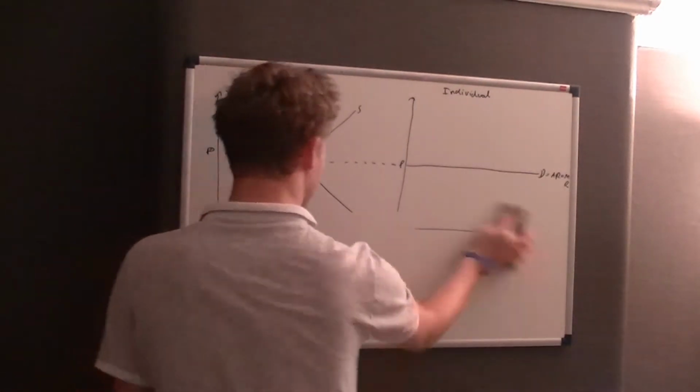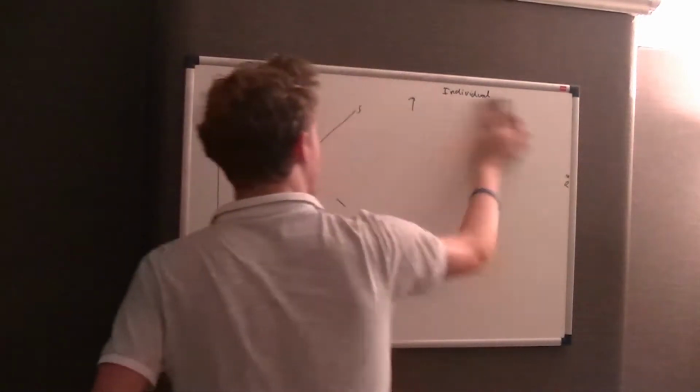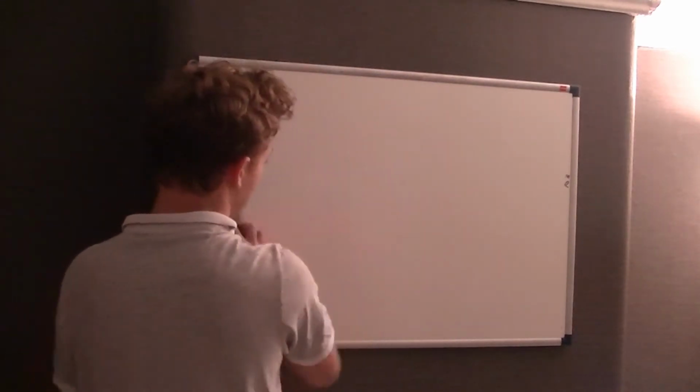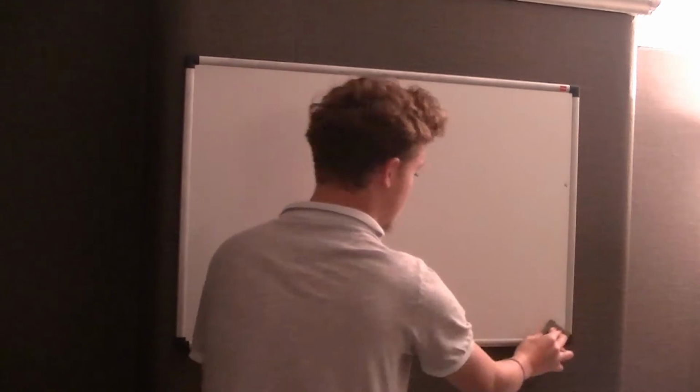Now, in the long run, you should be aware there's only one long run. But what I'm going to be drawing is 2 stages to this long run. In a perfectly competitive market, we initially have abnormal profits.